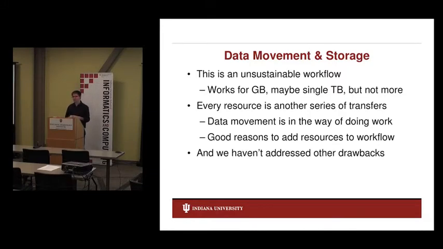Certainly not tens or hundreds of terabytes, which some data sets are becoming. Every resource that you add is another transfer, and it's starting to get in the way of you doing work. But there are very good reasons to add these resources. So certainly there shouldn't be a penalty for adding resources to your workflow. And we haven't even addressed other drawbacks, such as data integrity or version control.